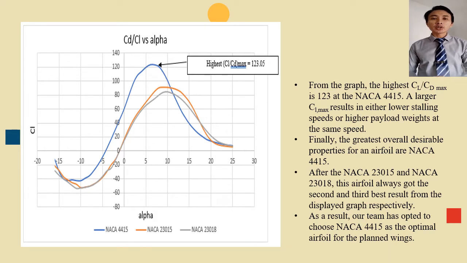Finally, the airfoil with the greatest overall desirable properties is NACA 4415. NACA 23015 and 23018 always got the second and third best results respectively from the displayed graphs. As a result, our team has chosen NACA 4415 as the optimal airfoil for the wing.